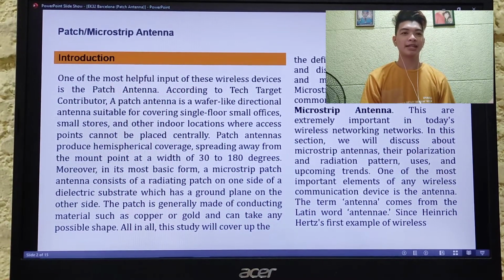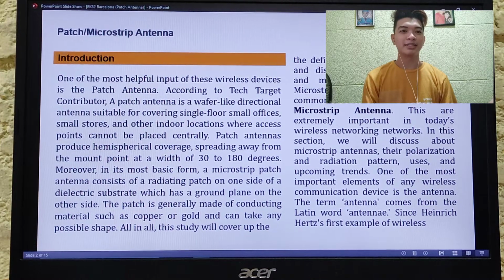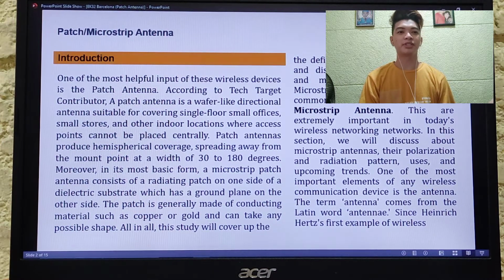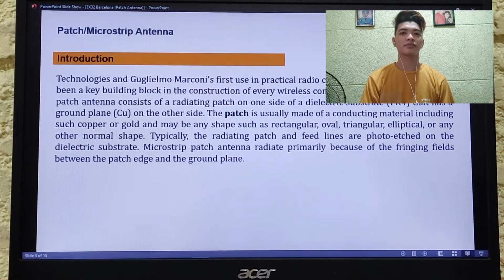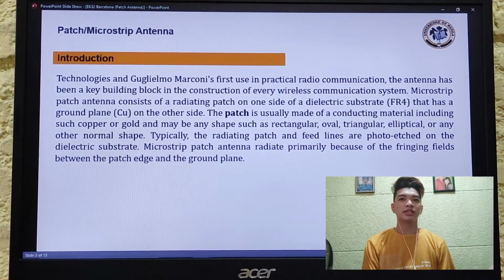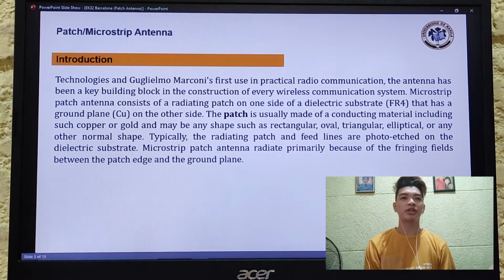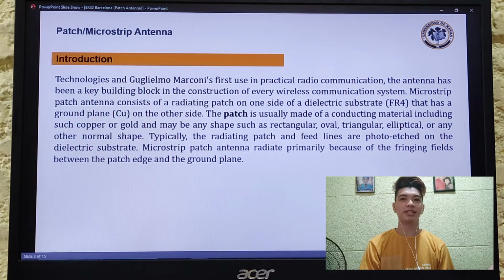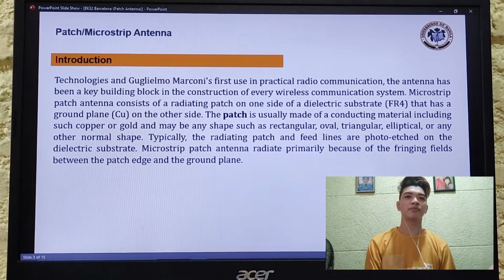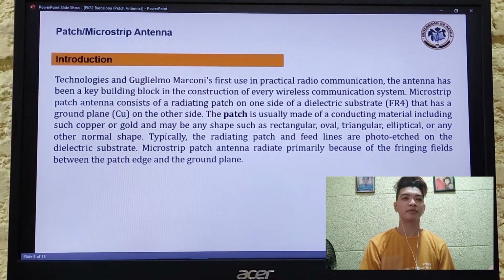The term antenna comes from the Latin word antennae, since Heinrich Hertz's first example of wireless technologies and Guglielmo Marconi's first use in practical radio communication. The antenna has been a key building block in the construction of every wireless communication system.